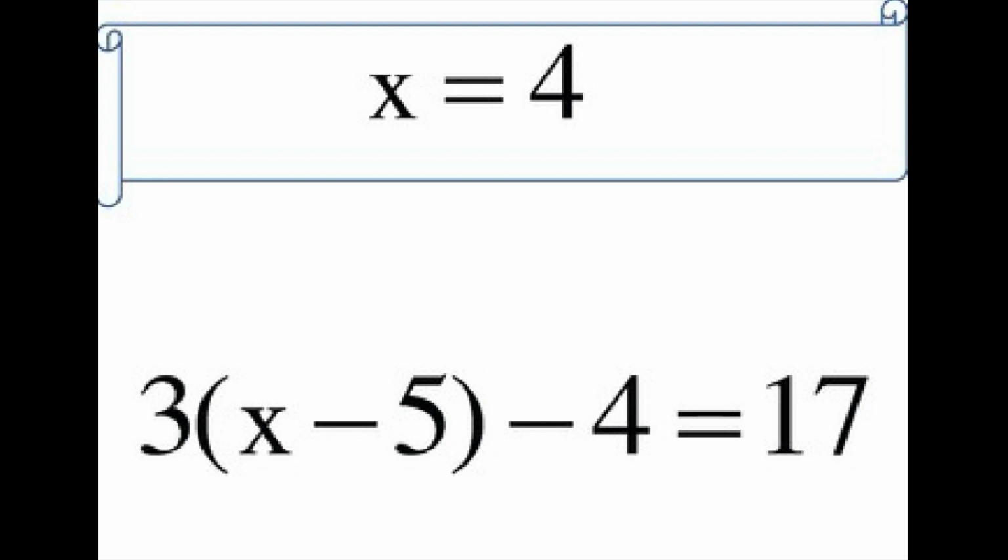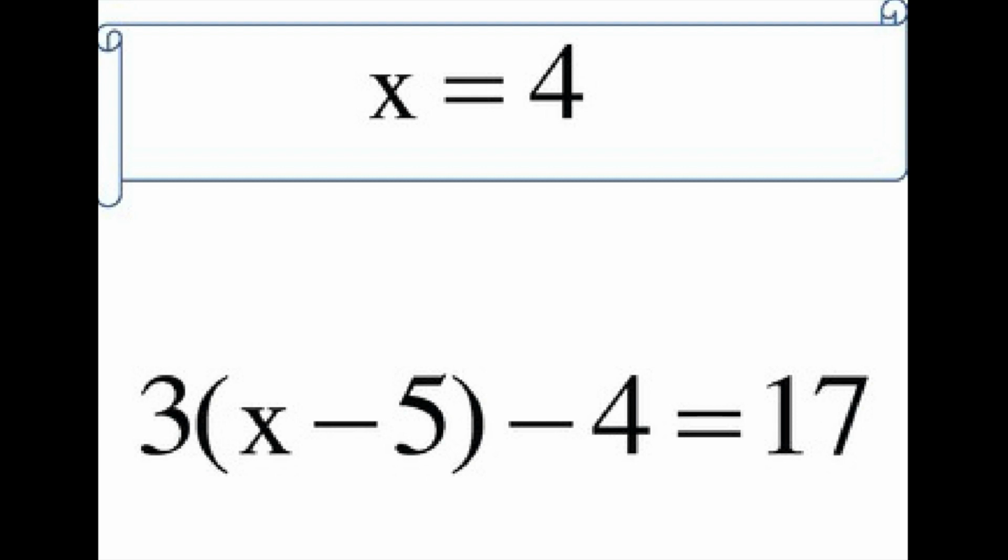We would distribute the 3 to the x and negative 5. So we distribute 3 to the x, which would be 3x. Then we distribute the 3 to the negative 5, and that would be negative 15. And on top of that, we have a negative 4, and that does not get distributed.